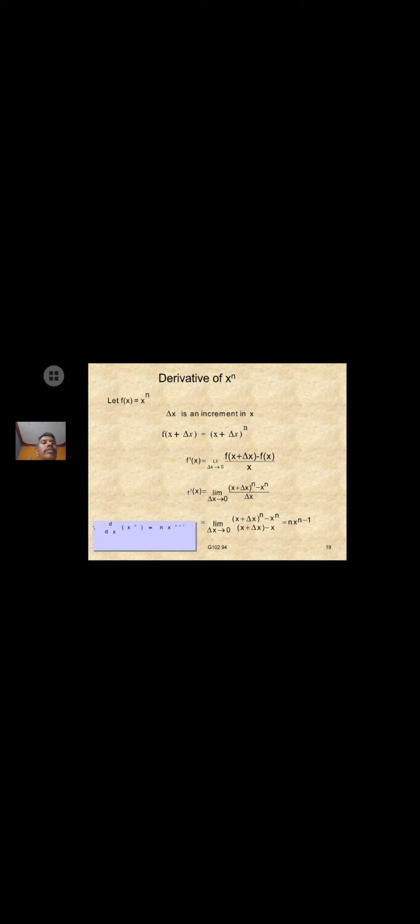So d by dx of x power n equals n into x power n minus 1.